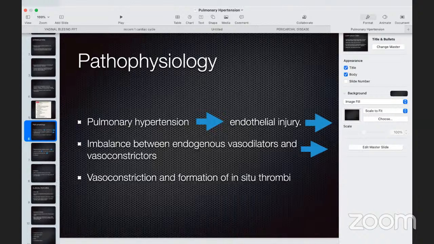P pulmonale. What is P pulmonale? Anybody? Atrial enlargement. Yeah, correct. You have the right atrial enlargement. So how will the P wave be?